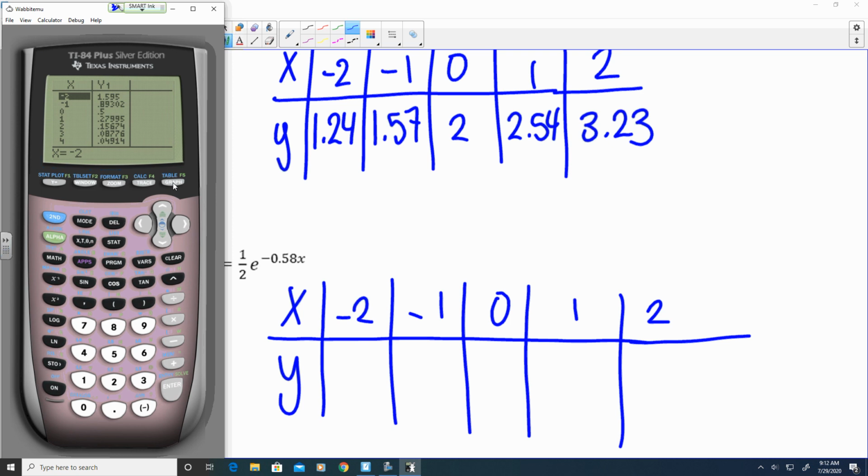And at -2, about 1.6. -1 is about 0.89. 0, 1/2, 0.5. 1.28, and 2.16. Now notice because of this negative up in the exponent spot, that's why this has turned into exponential decay. That's why the numbers are getting smaller.